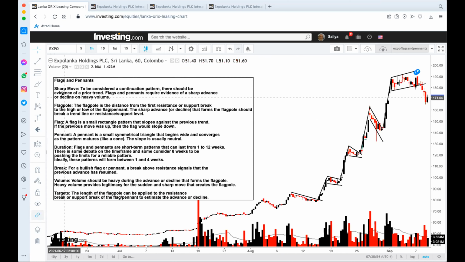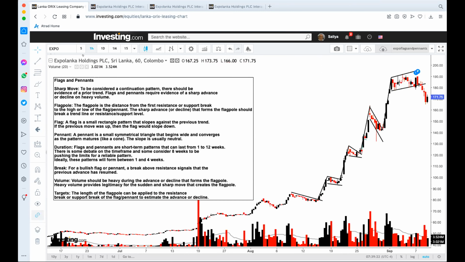Now, when it comes to the move, it has to be a sharp move, right? The flags and the pennants require evidence of a sharp advance or decline. What that sharp move means is that there have to be aggressive long candles forming at different time periods.